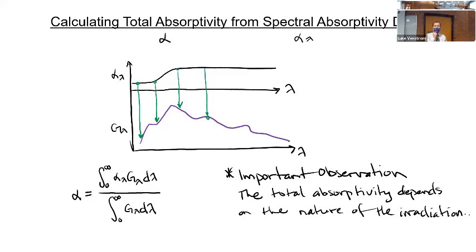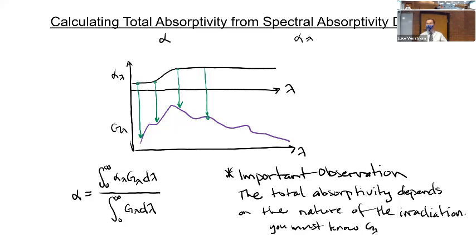You have to know what G lambda is, right? You must know G lambda in order to do the calculation. If you don't know what the incident radiation is, you can't say what the absorption is.